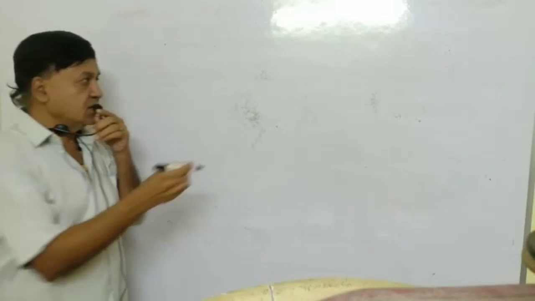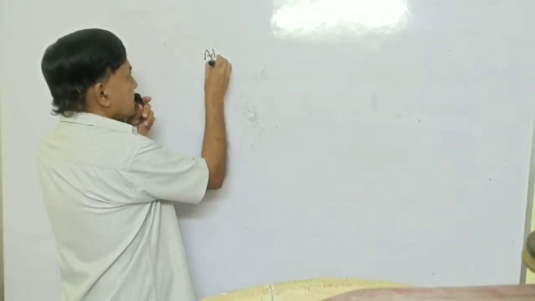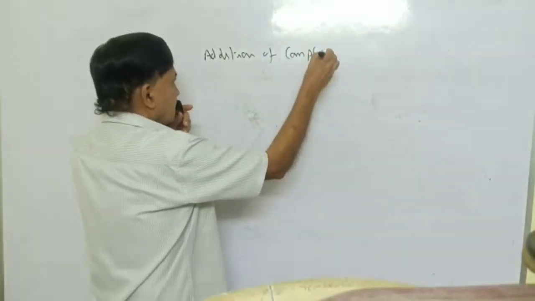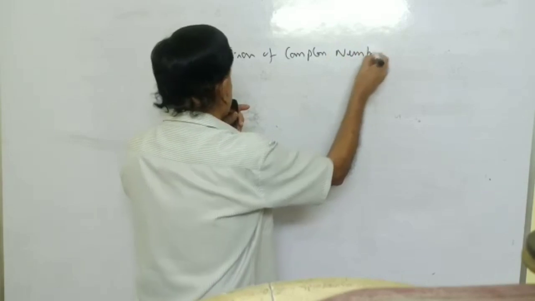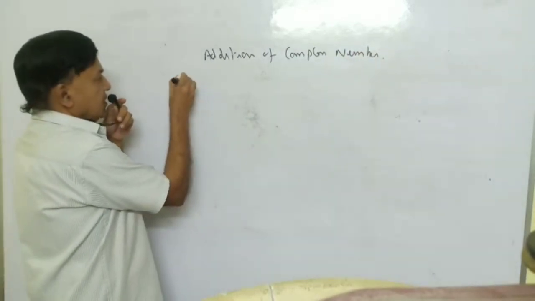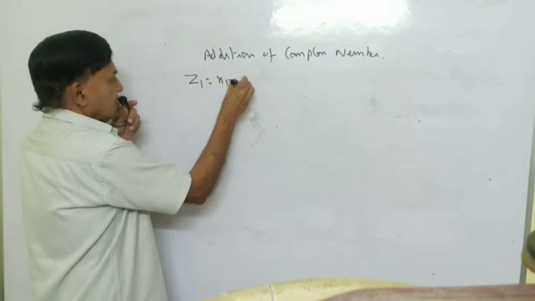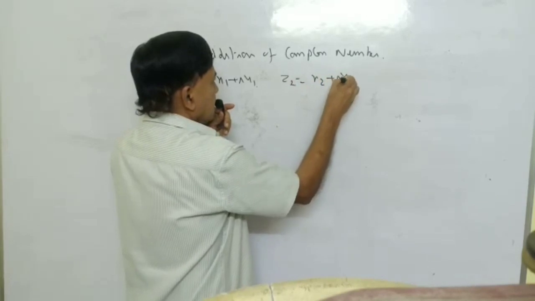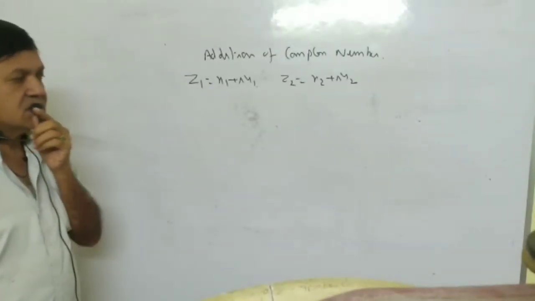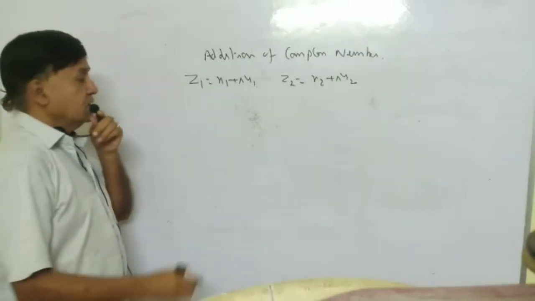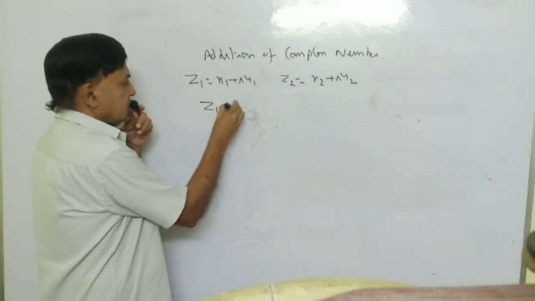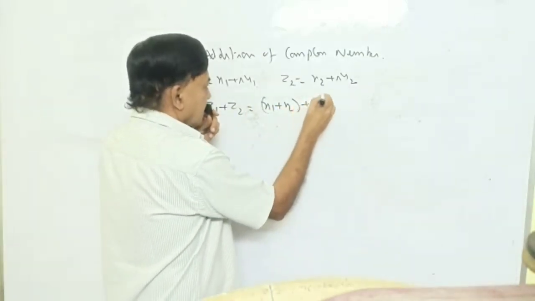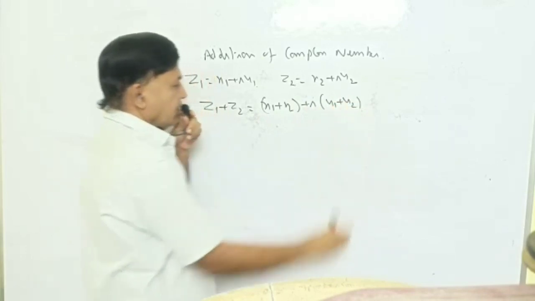The next point is addition of complex numbers. If there are two complex numbers, Z1 is equal to x1 plus iy1, Z2 is equal to x2 plus iy2, let us consider two complex numbers like this. Then Z1 plus Z2 means you add the real parts and correspondingly the imaginary parts.